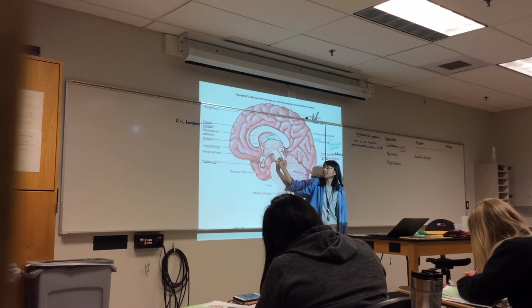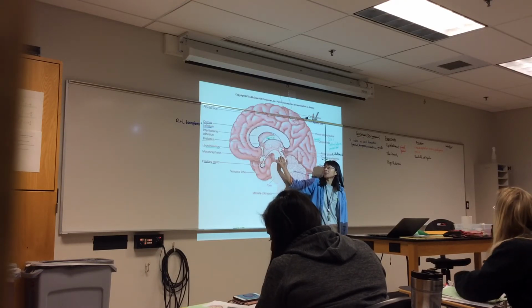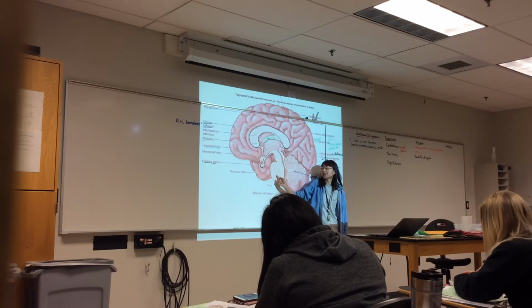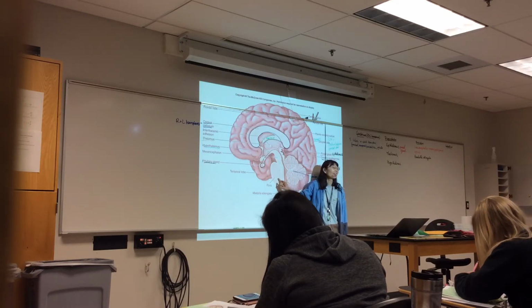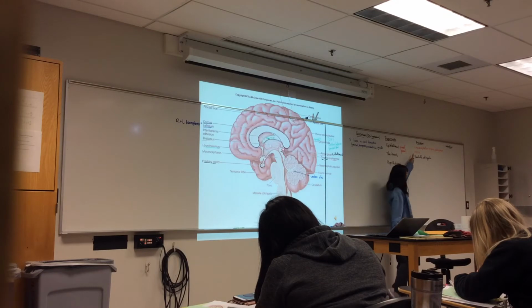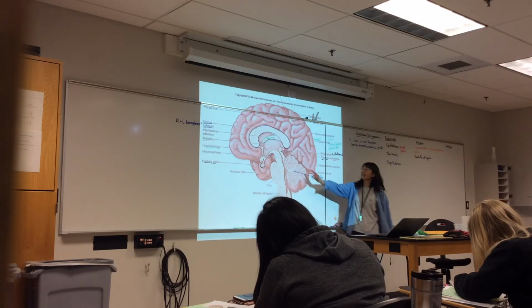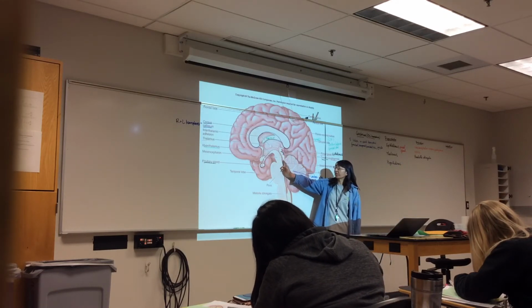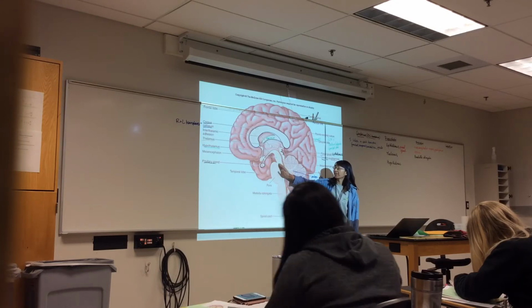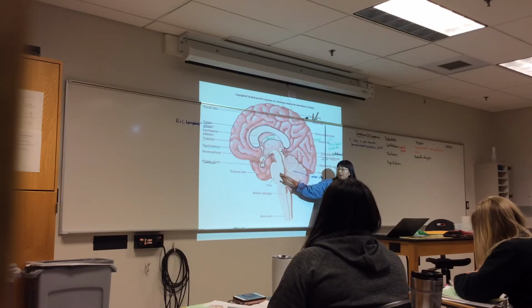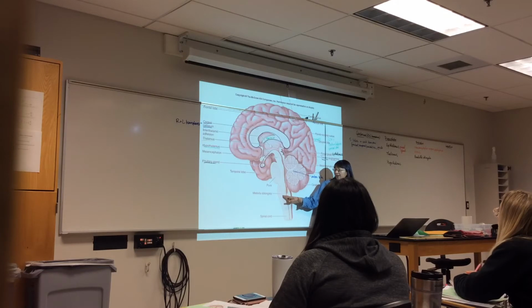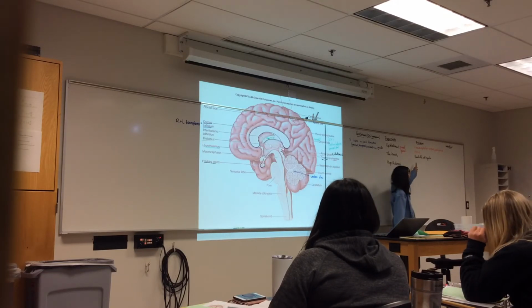Mesencephalon, right here. What comes after mesencephalon? The pons. The pons, right? See, so this is mesencephalon, then comes the pons. What comes after the pons? Medulla.